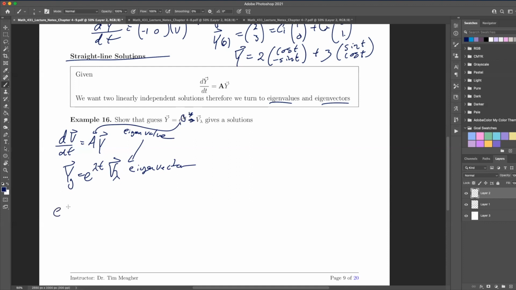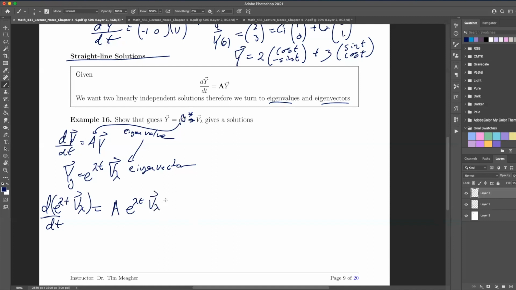So if I plug this in over here, I get d/dt of e to the lambda t v lambda on this side, and over here, we're going to have A e to the lambda t v lambda.